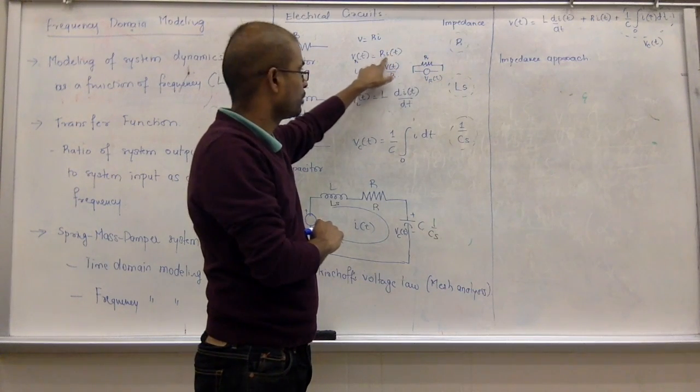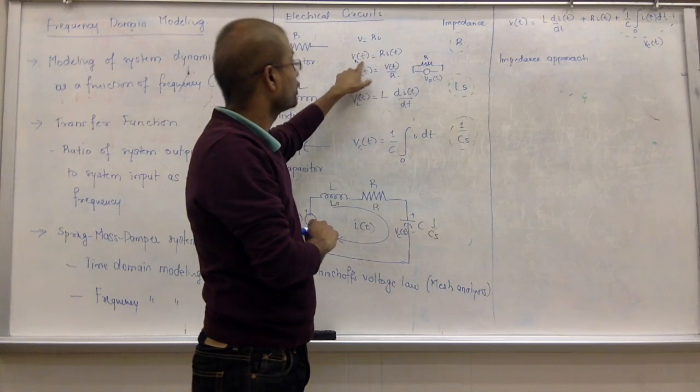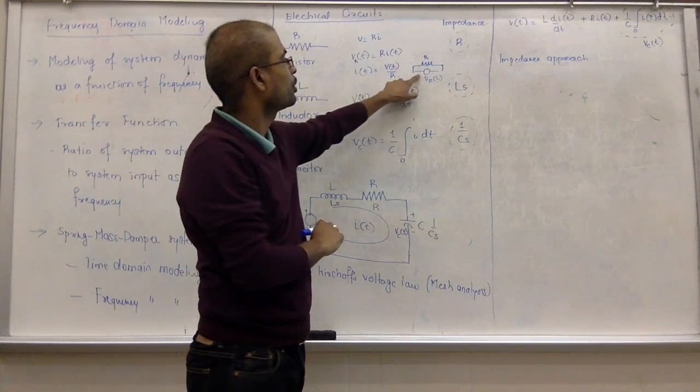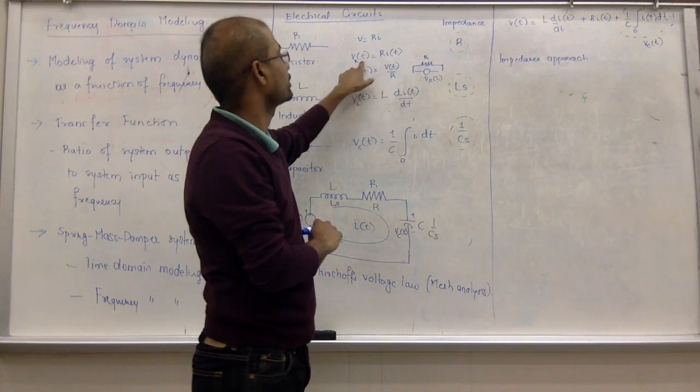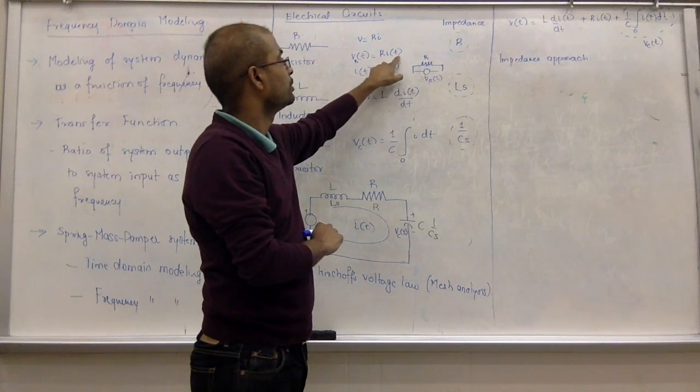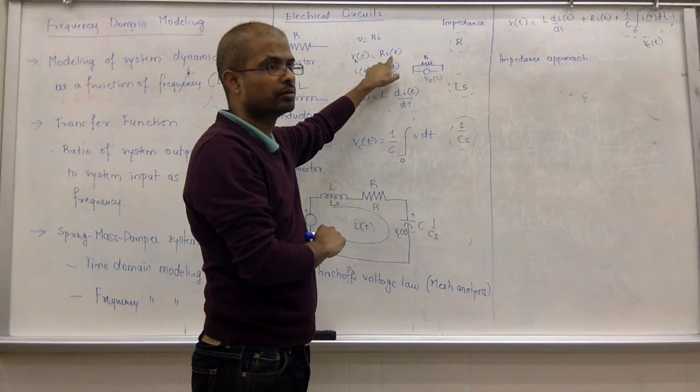If you divide the voltage by the resistance, this is the current. You'll get to know what is the current flowing.